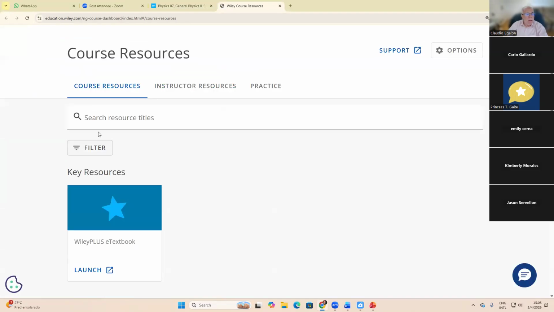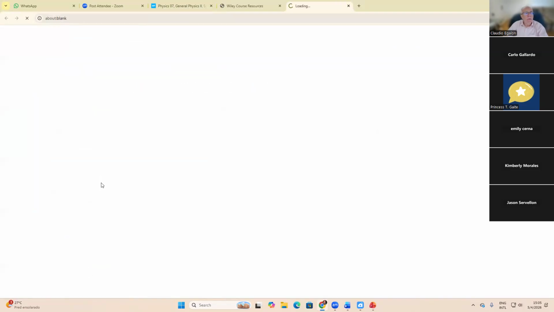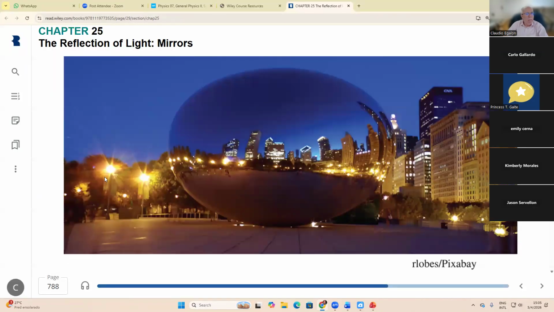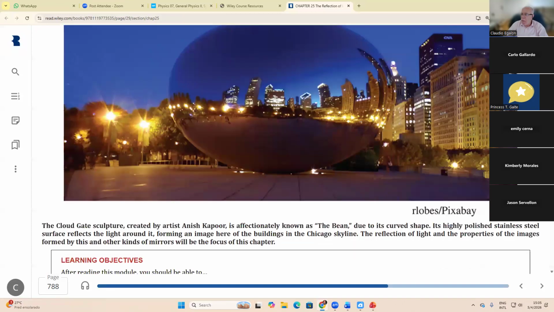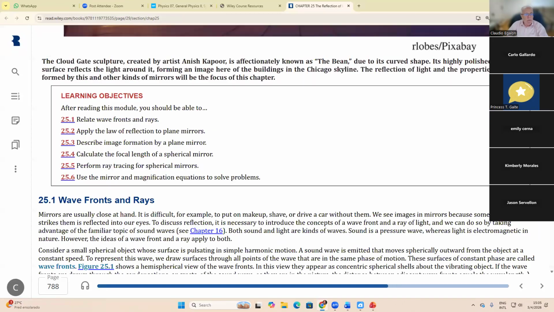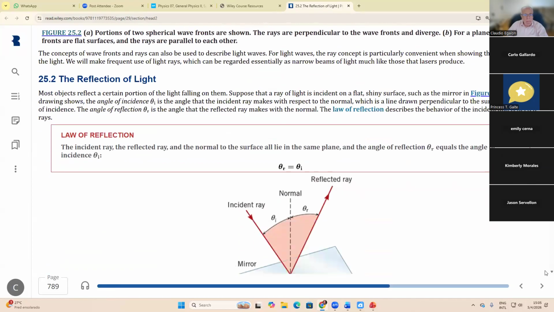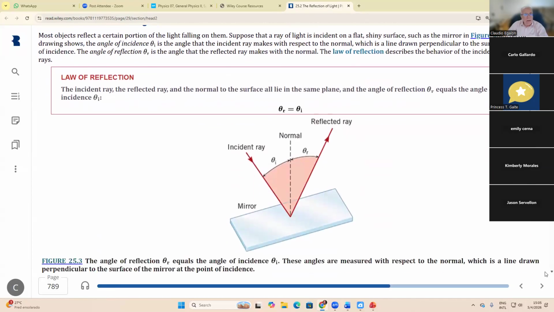Let's go there. Launch. Reflection. Wavefront and rays. Okay. Reflection of light. Okay, the incident ray. We covered that.